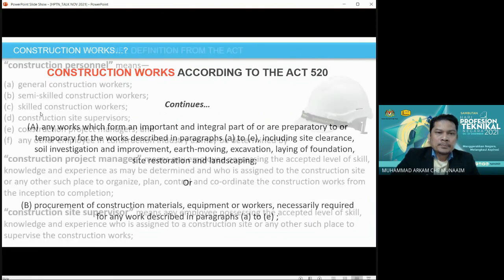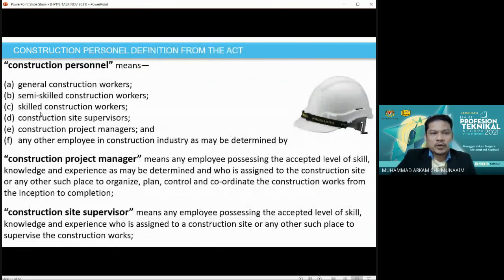Okay. Then we go for construction personnel. What is actually construction personnel? From the Act, the construction personnel definition is general construction workers. We can see them on site. Semi-skilled or skilled construction workers are considered as construction personnel. Construction site supervisors, of course, who supervise the works on behalf of the contractors, and their superior, the construction project managers, as well as any other employee in the construction industry as may be determined by the board.